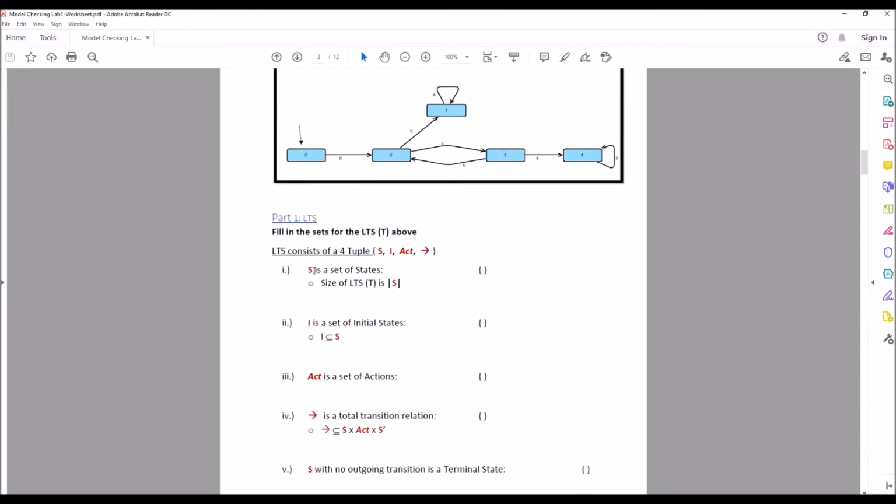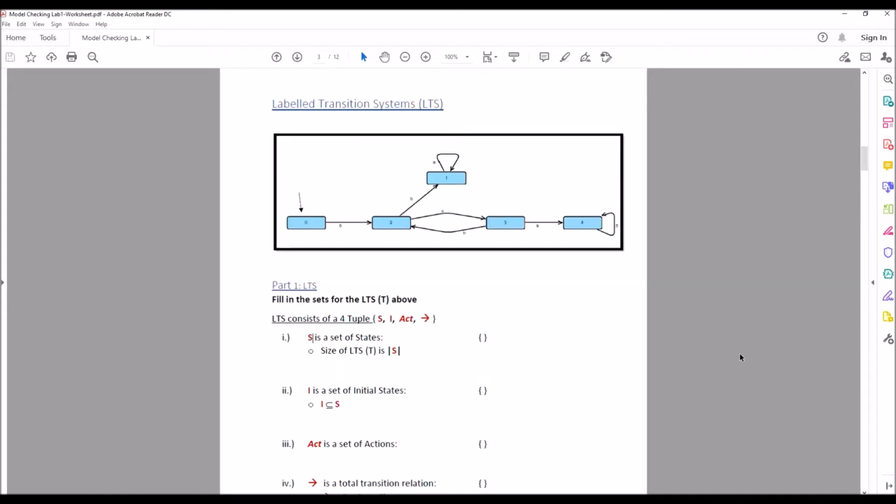So S is a set of states. So this is basically all the states of your label transition system. So you can say the size of a label transition system, and let's say we call this transition system T. So this is just to denote what the name of this transition system is. So the size of T is the cardinality of S, so basically the number of states we have.